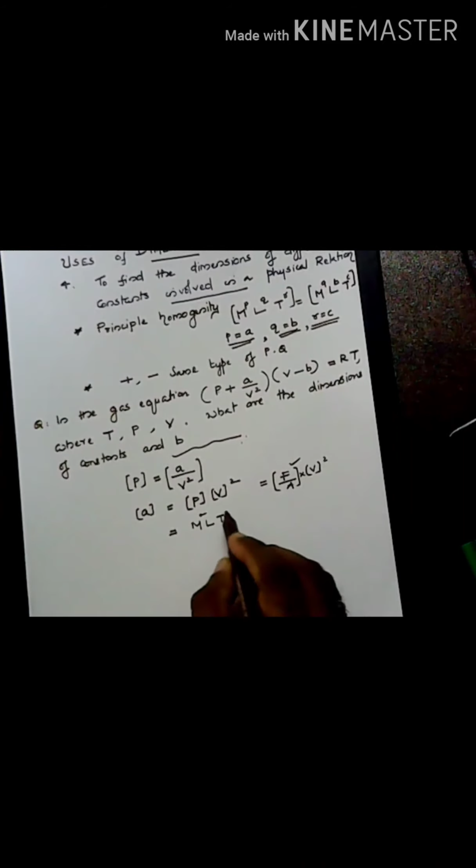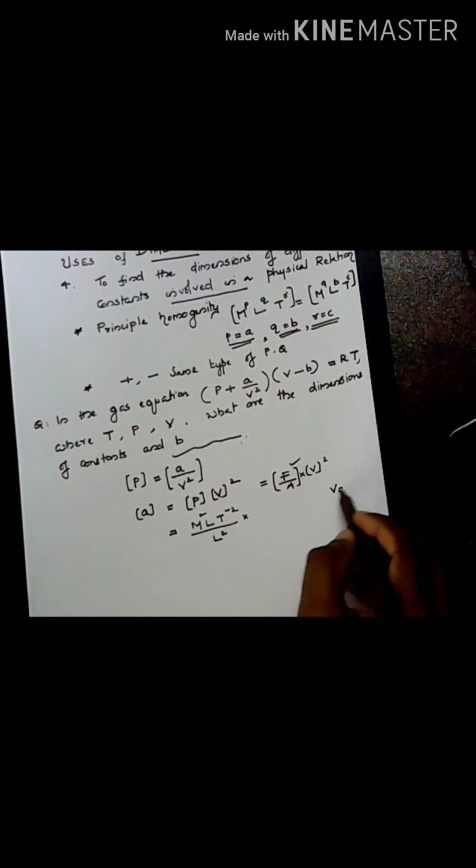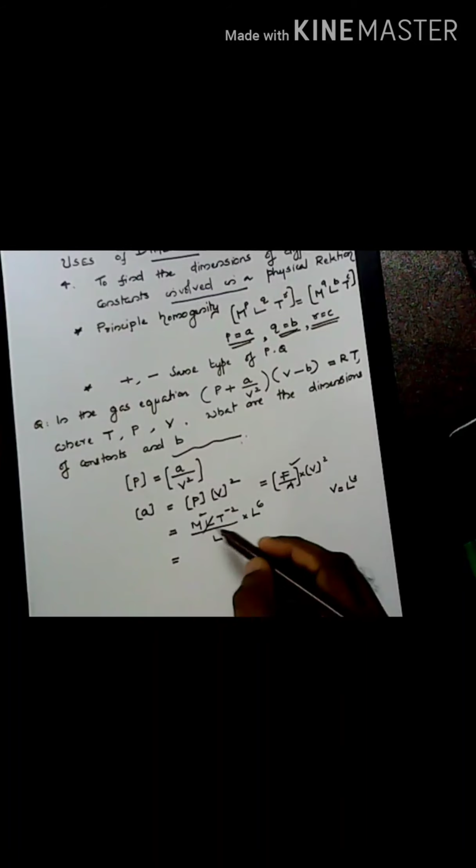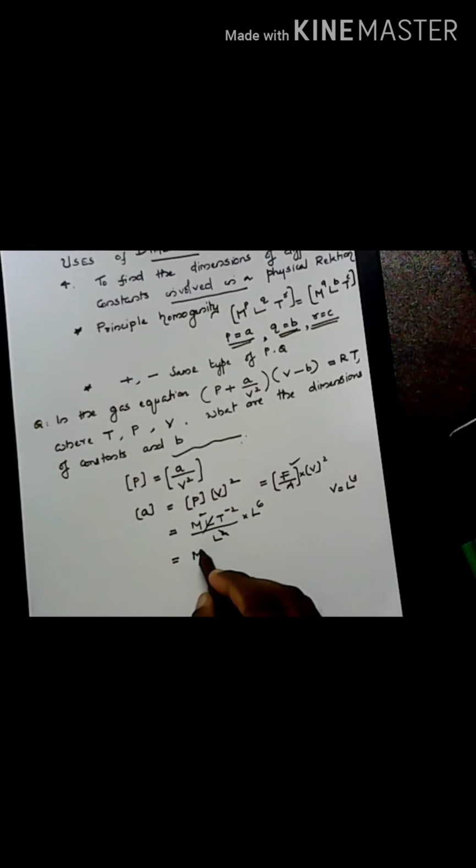So we know the dimension of the force as m L T raised to minus 2 by L square into the volume got the dimension of L cube. So raise square, it become L raised to 6. So that is equal to 1 L cancel. So it become L raised to 5. So A is M L raised to 5 T raised to minus 2. So that is the dimension for A.